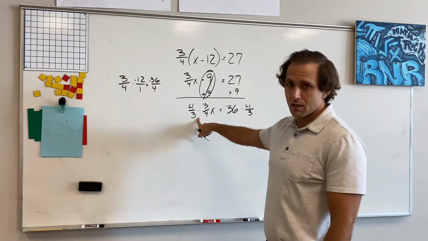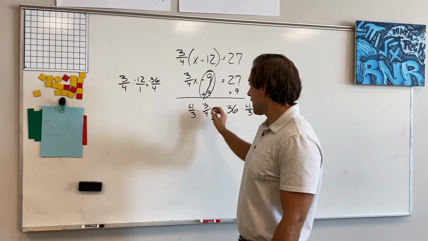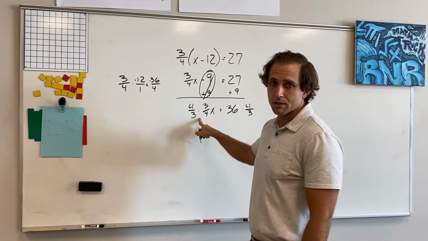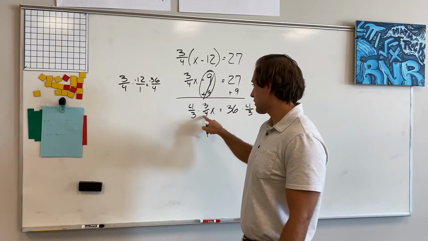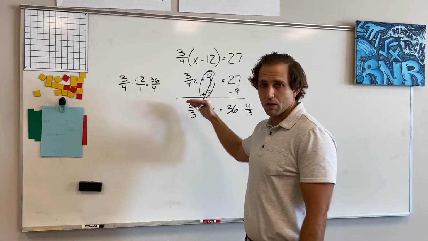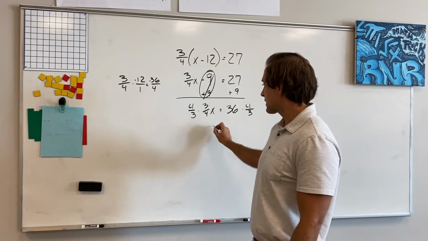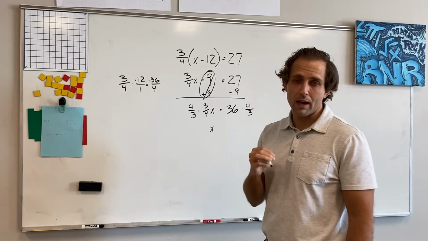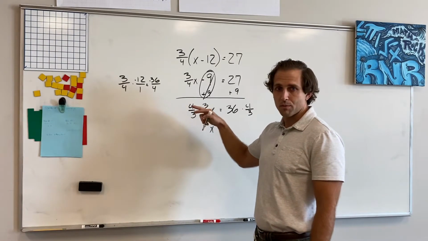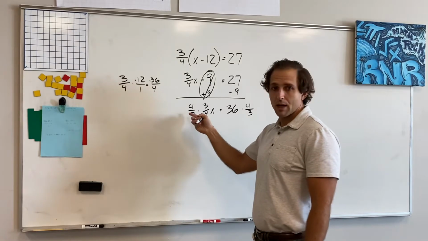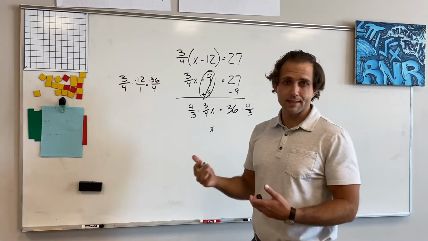Now let's look and see here for just a second. Why are we multiplying by the reciprocal? Well, look what happens when I multiply any number times its inverse, or its reciprocal. 4 times 3 and 3 times 4, that's 12 over 12. And all I'm doing is creating 1, because my goal is to get x by itself. We want 1x. So anytime I multiply something by its inverse or reciprocal, I'm creating a fraction where the numerator and denominator are the same.